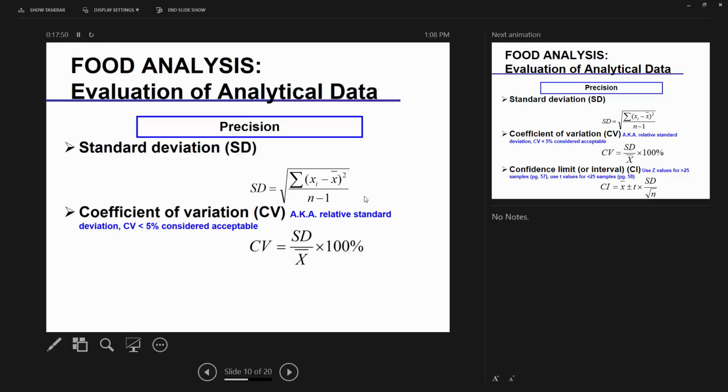You got a value of 12%, and your standard deviation is plus minus 1.2.